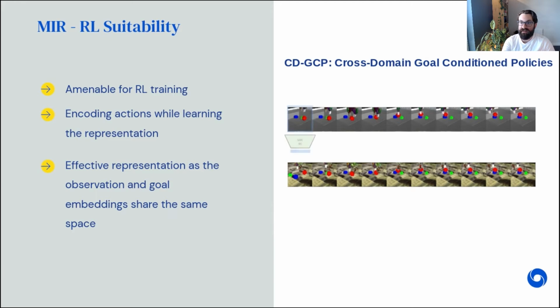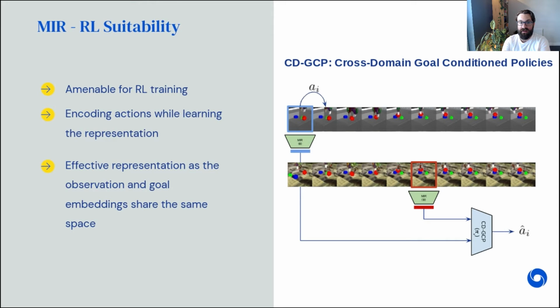What that means is that given a pair of aligned trajectories, we first select a frame from one domain as our current observation and a future frame from the other domain, and we train our representations in a supervised manner to regress the action that takes the current frame to the next frame. So by doing that, we are able to encode actions while learning the representation, and this is an effective representation as the observation and goal embeddings share the same space.